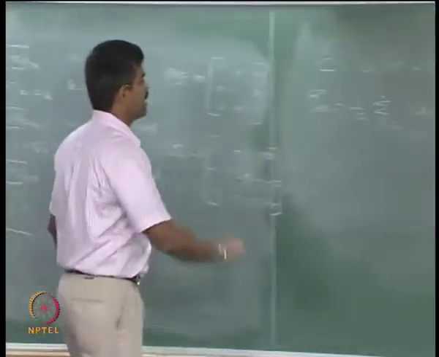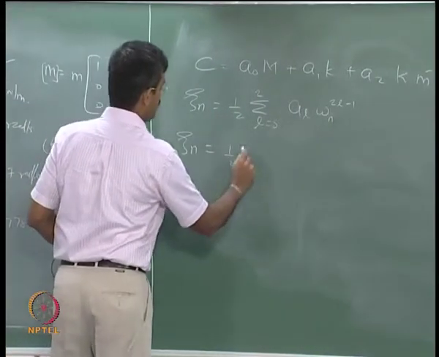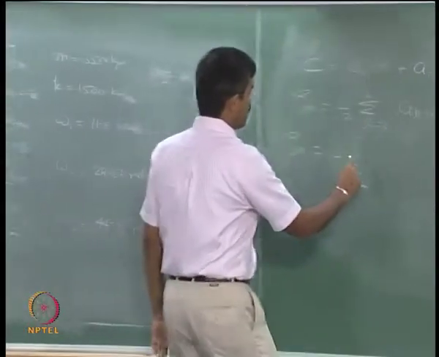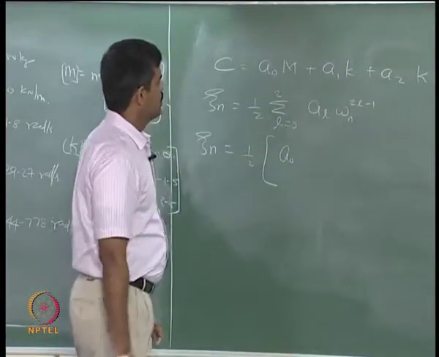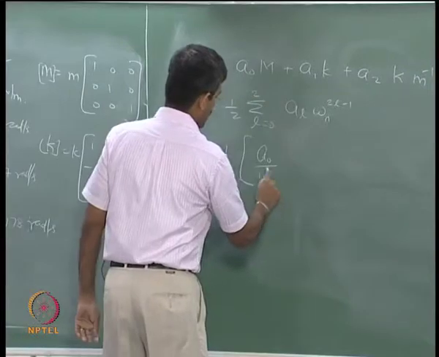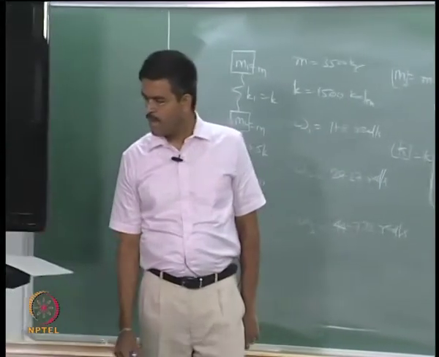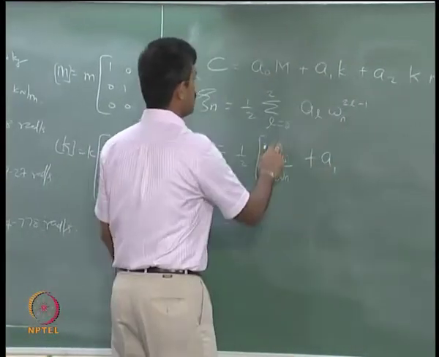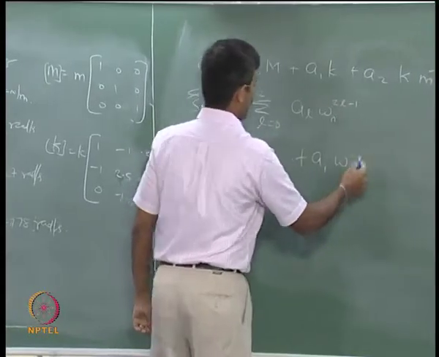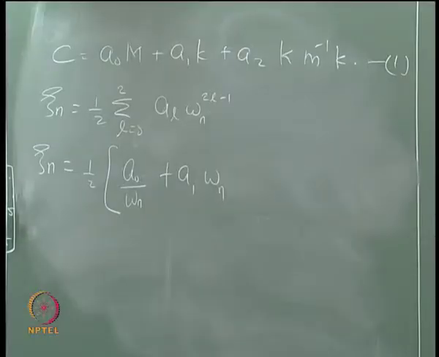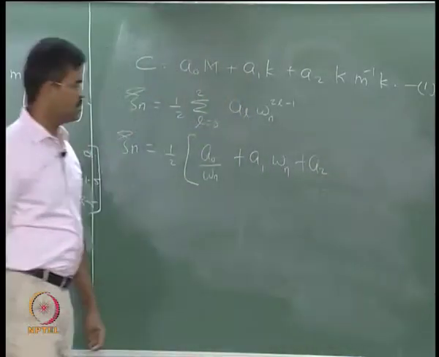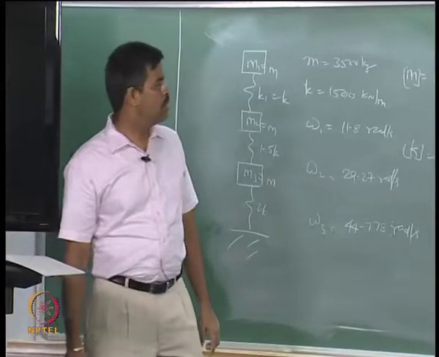So I can expand this and say zeta n is half of A0 by omega n plus A1 omega n. This is exactly what we get in Rayleigh damping also, plus A2 omega n cube.